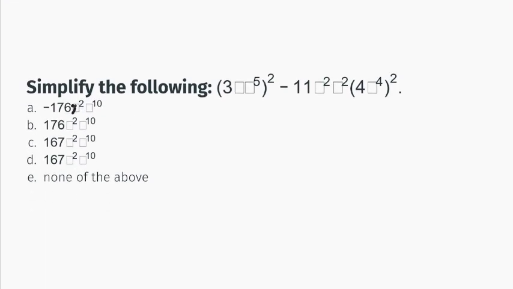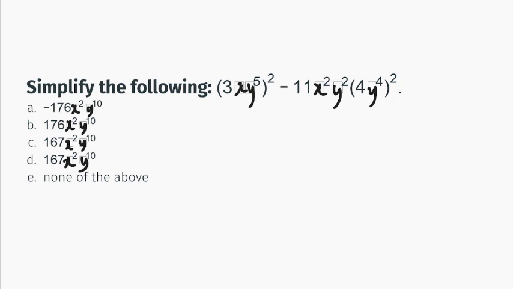Okay, so these are x and y's. Okay, so we have to simplify (3xy^5)^2 minus 11x^2y^2 times (4y^4)^2.